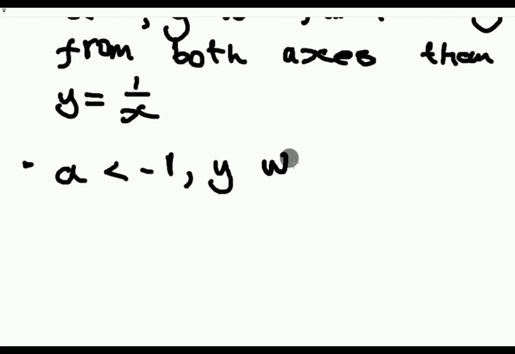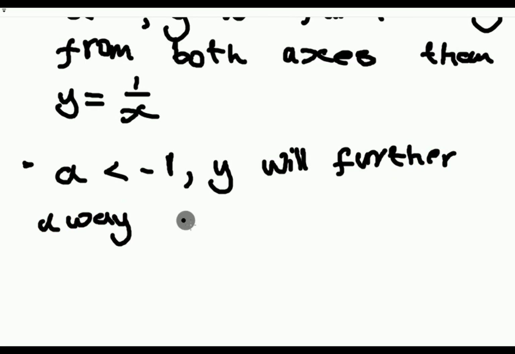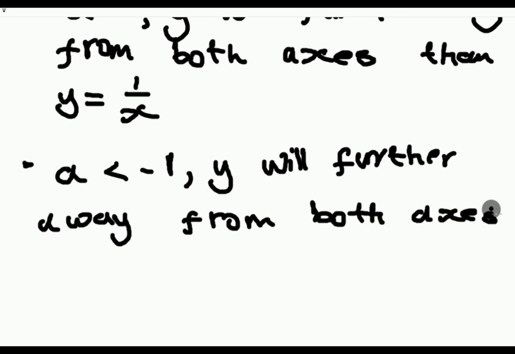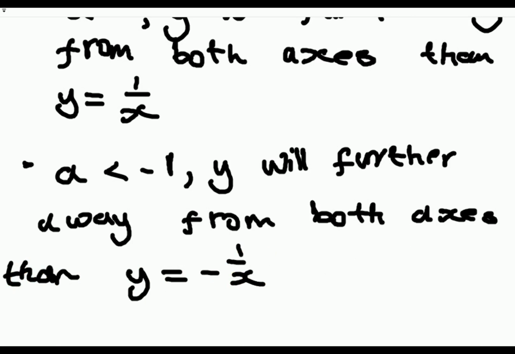In this case, y will be further away from both axes also, than y is equal to minus 1 over x.